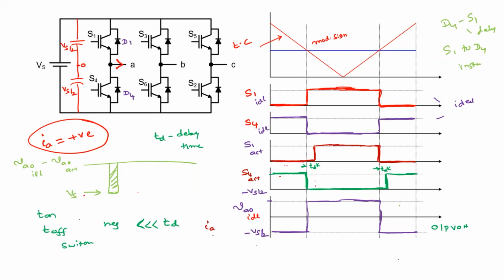Now we assume that IA is negative. Ideally, what is supposed to conduct here in this case, from here to here? S4, agree?